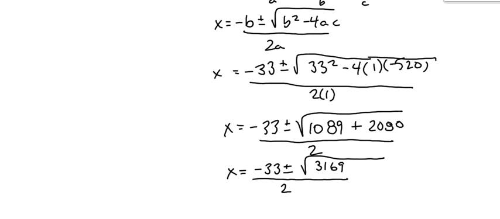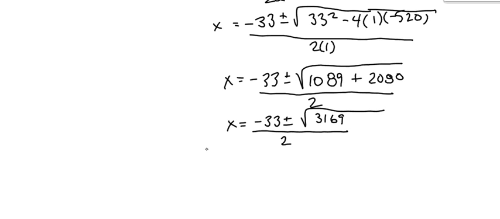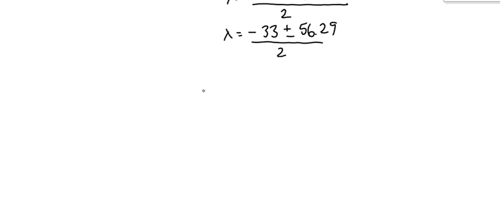And we'll go down a little further. X equals negative 33 plus or minus square root of that number, which is 56.29. Now I'm just going to do the 2 versions. I get X equals negative 33 plus 56.29 all over 2.